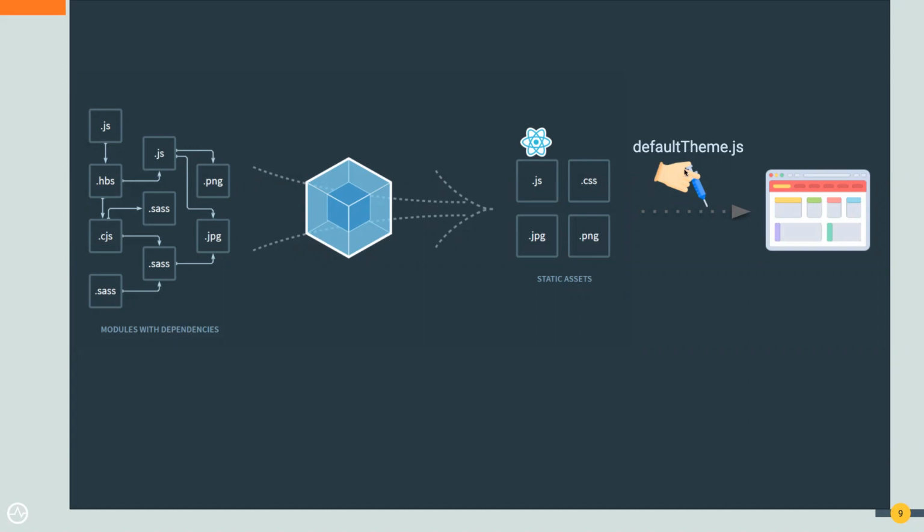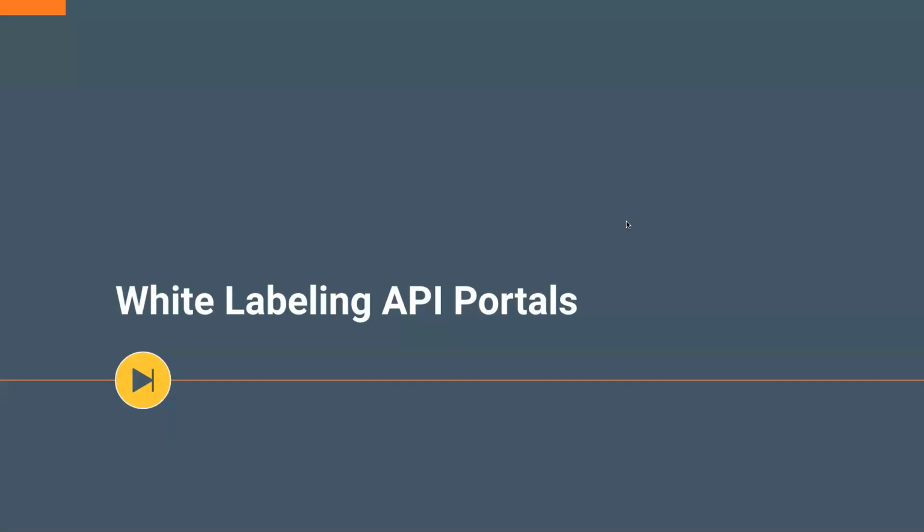So we use this feature to inject our theme object at the runtime. That's why you don't need to build anything, you don't need to code anything. You can just change the parameters in the JSON file, and that will immediately take effect on the UIs.